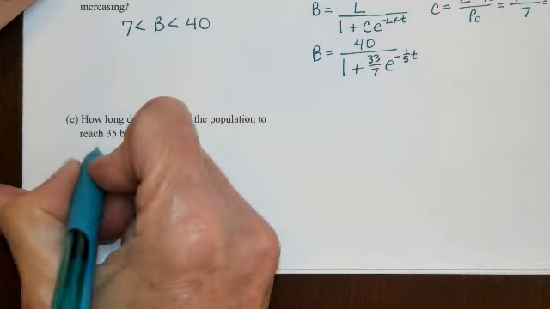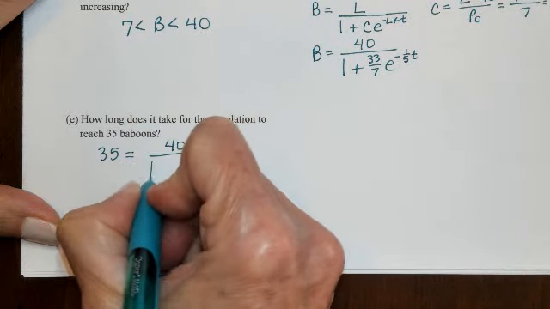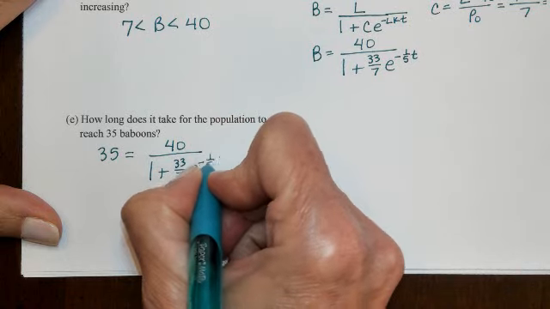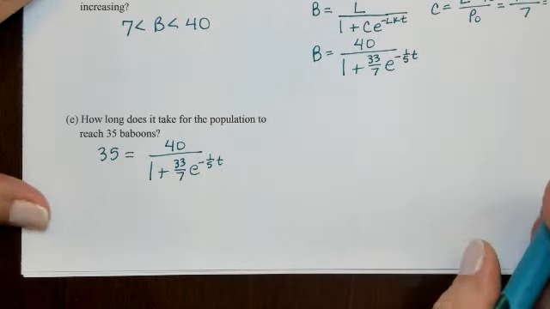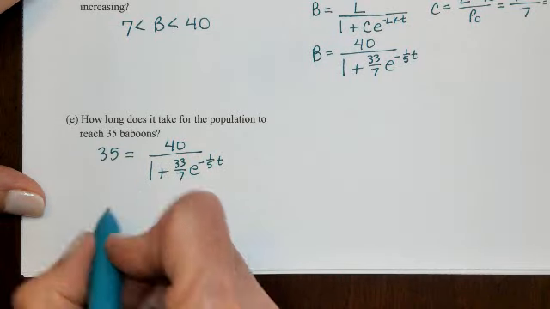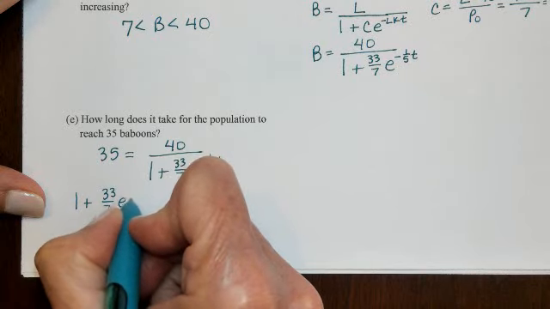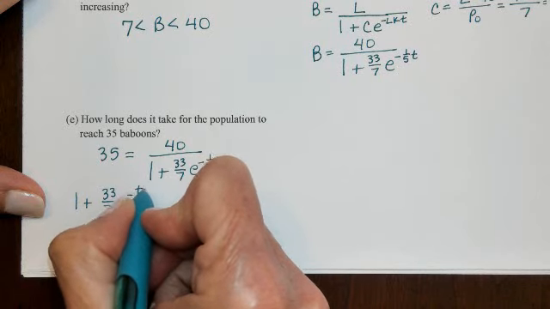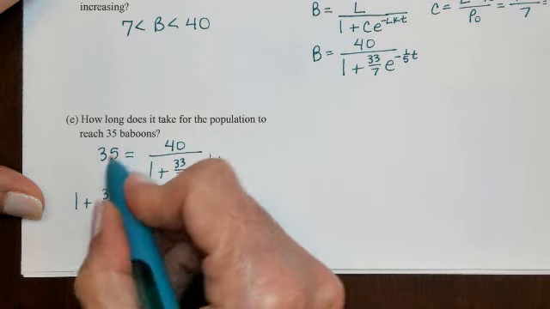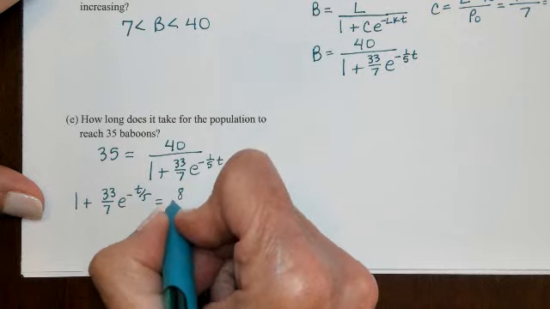So we're putting 35 in for b. I'm going to multiply both sides by that denominator and divide both sides by the 35. So we're going to have 1 plus the 33 over 7 e to the negative t over 5, I'm going to write like that, is equal to 40 divided by 35. So 8/7.